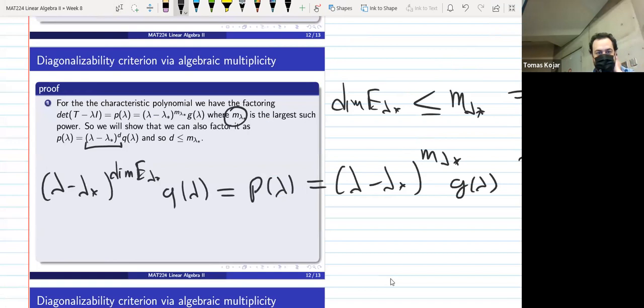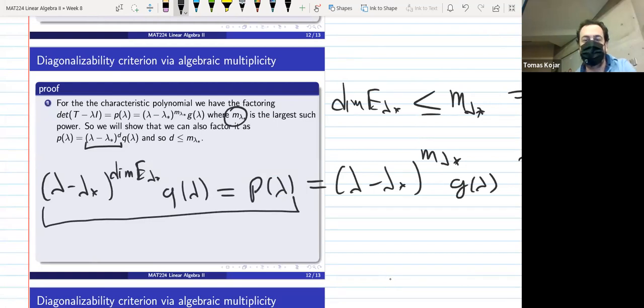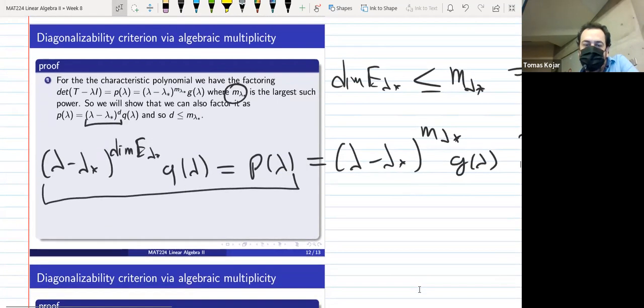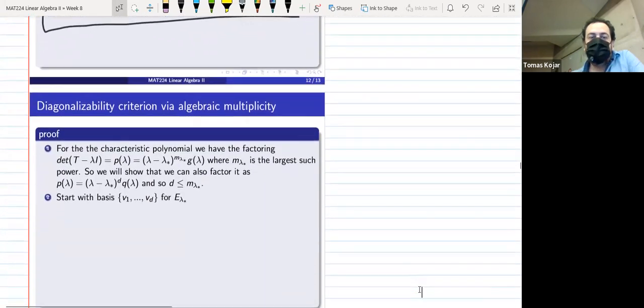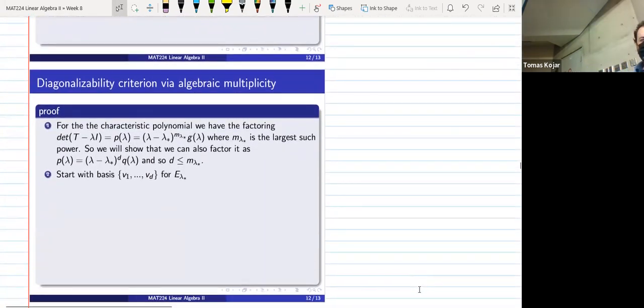Yeah, so the meat of the proof is to show this. And we have to use Jordan blocks, which you will see in 2 seconds. We start with the basis. This is an eigenbasis, but for a fixed eigenvalue.